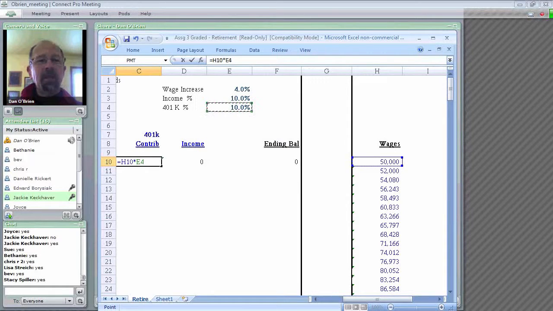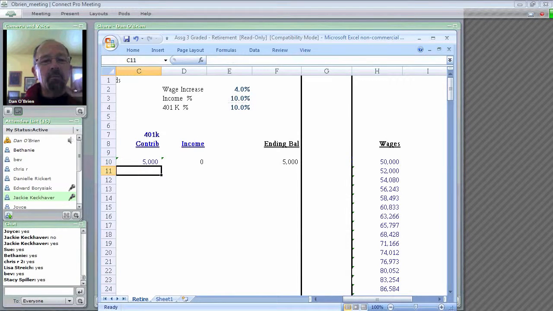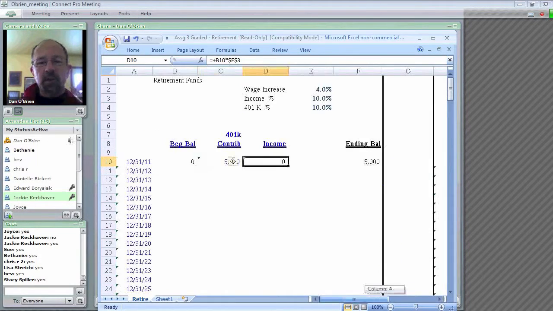Now that 401k percentage, I want that to be an absolute. So I hit the F4 and I hit enter. Okay. Now income, I don't have any income in the first year because I'm always doing this based on my beginning balance.